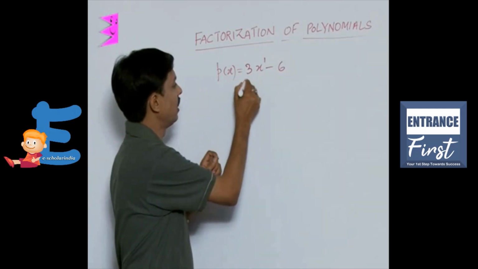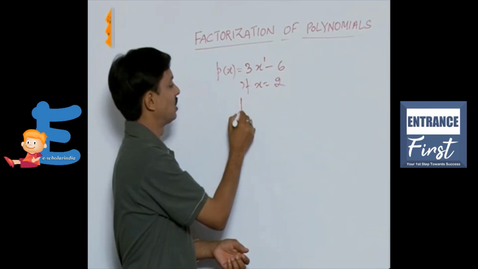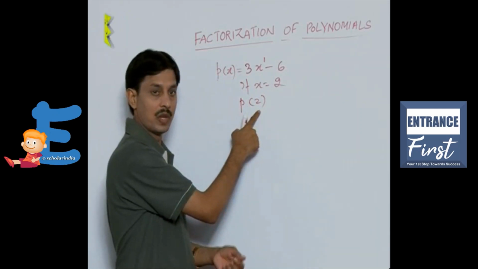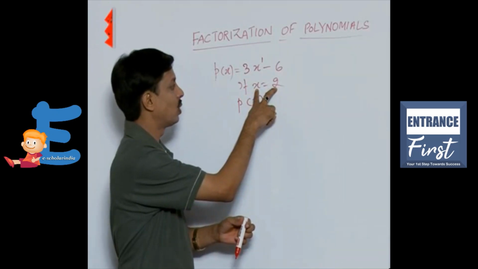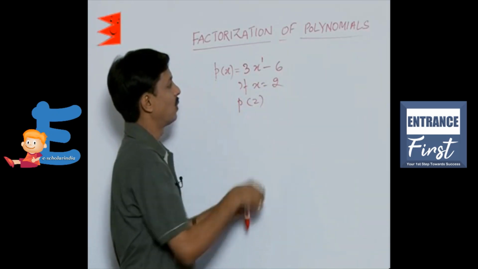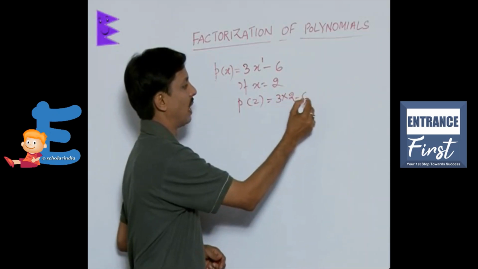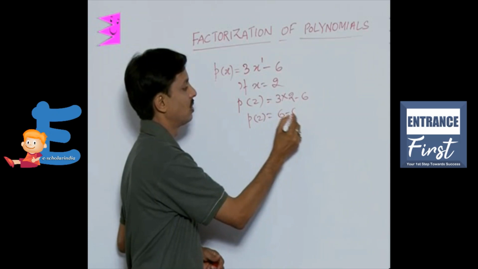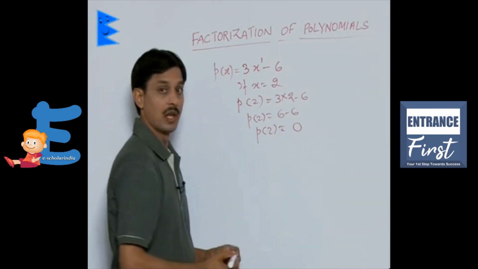If x is equal to 2, then p of 2 is 3 into 2 minus 6, that is 6 minus 6, so p of 2 is 0.